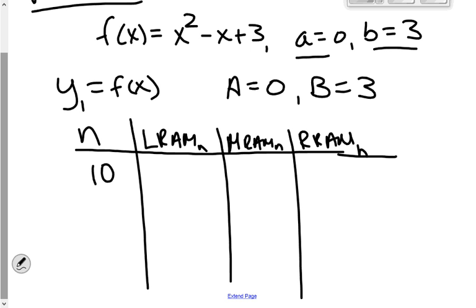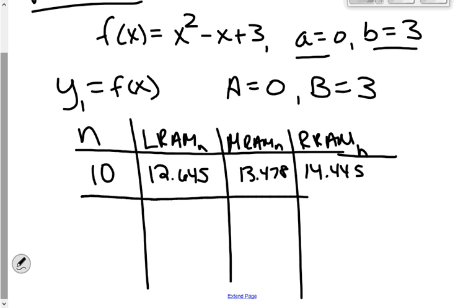So if we start with 10, what are we going to get? So not really much agreement. They're pretty different answers.